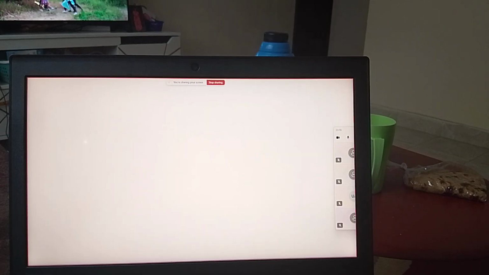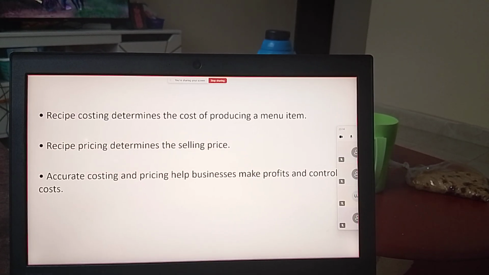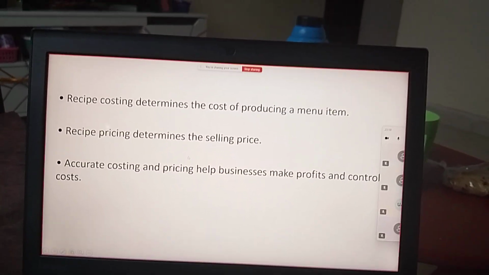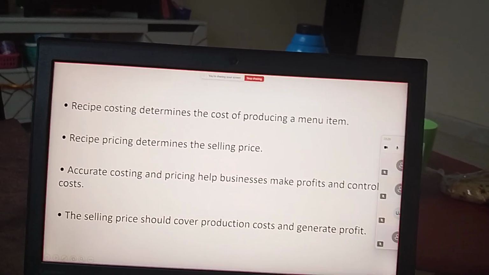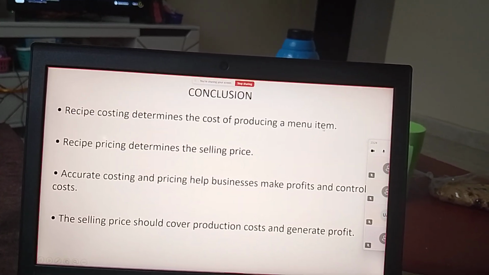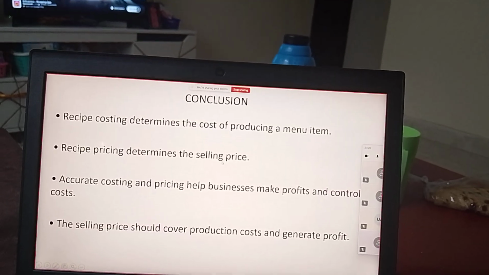Calculating recipe costing and recipe pricing is very important because it helps us determine how much cost we are incurring to produce a particular menu item. It will help you price an item by its selling price.